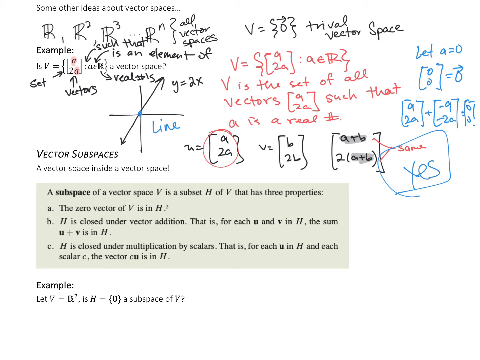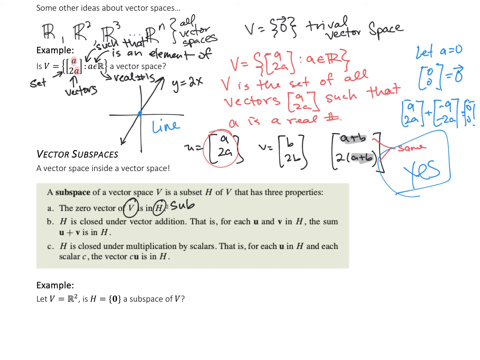So in order to show that something is a vector subspace, the first thing that we have to show is that the 0 vector of our original vector space is also in our new subspace. I keep saying subspace. This is our vector space, that's the big guy. This one's our subspace, that's the smaller guy. So as long as the 0 vector is in our subspace, we're good.